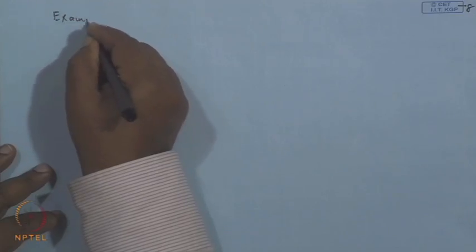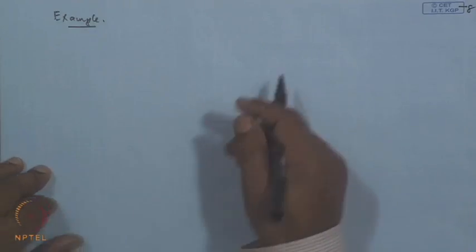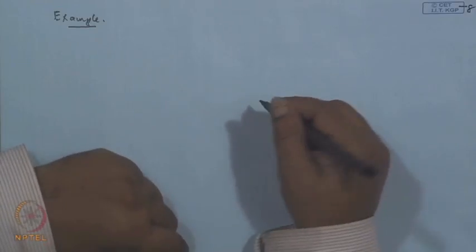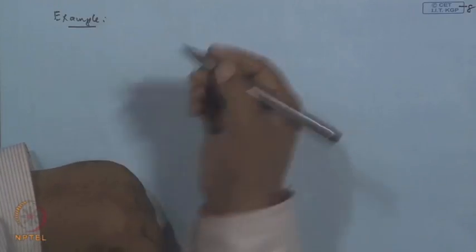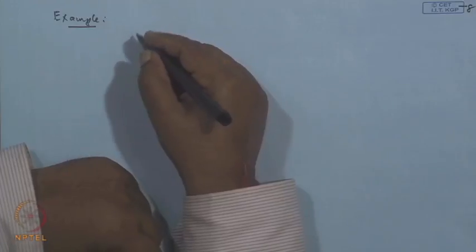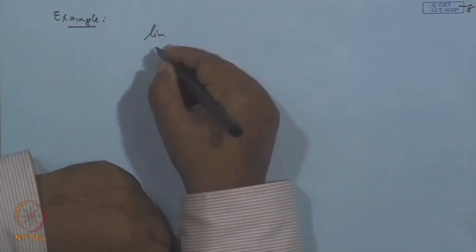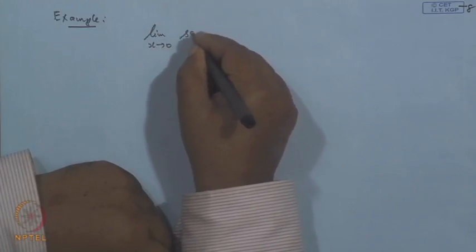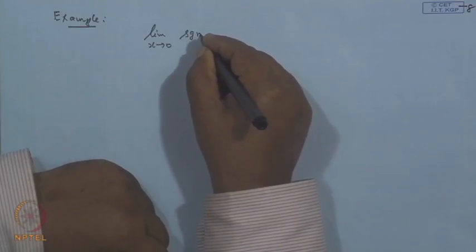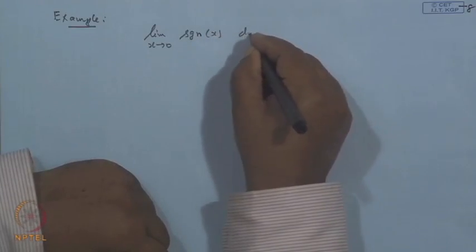So, first is the limit of this, obviously: the limit as x tends to 0 of signum of x does not exist.